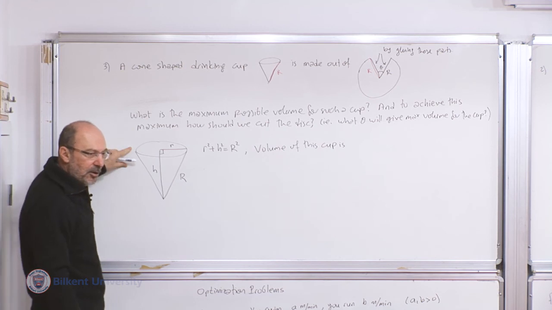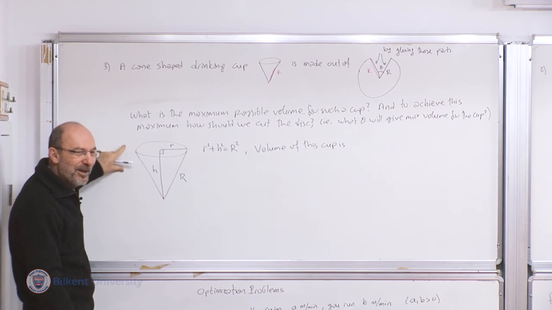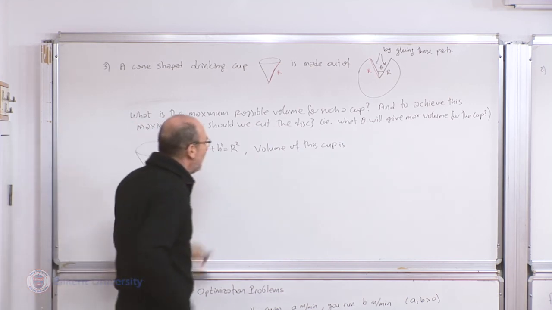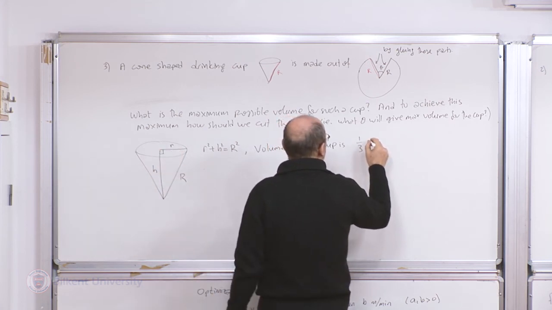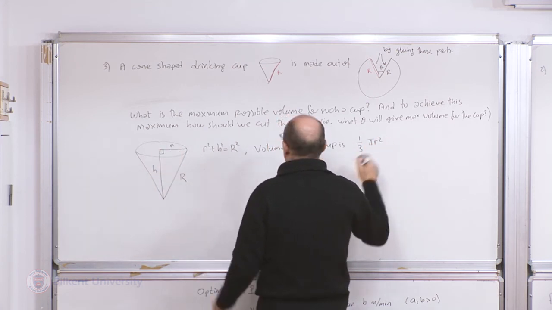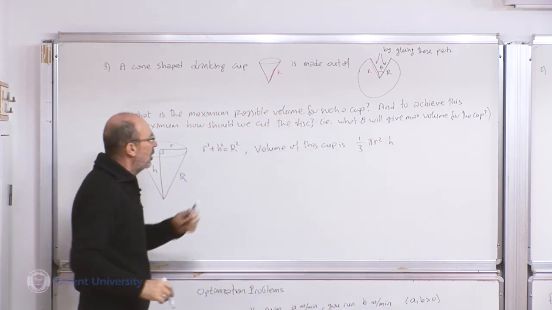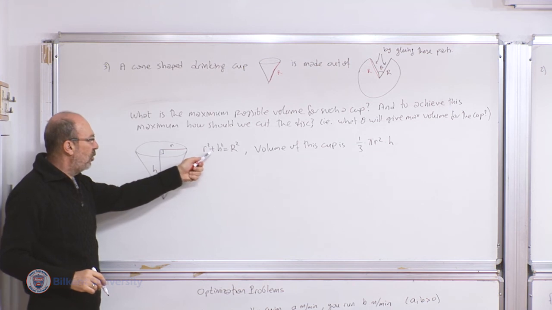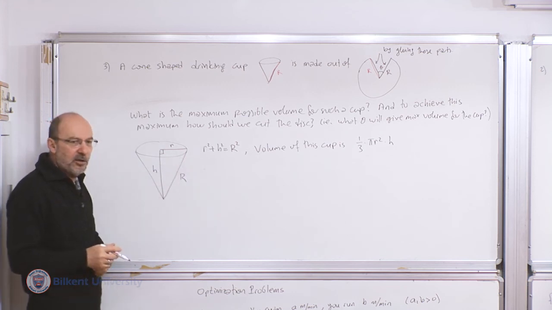Okay, so that is traditionally the volume since the ancient times, whatever your shape is most of the time. So this is one third, base area is pi r squared times height. Okay, so you see that I need r squared. So if I choose to express r squared in terms of h, that's easier.